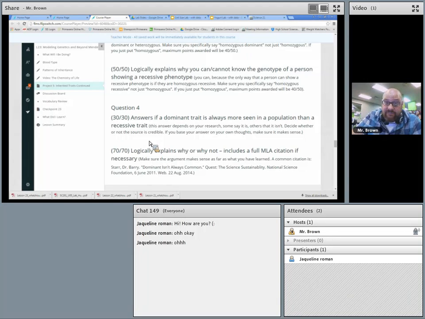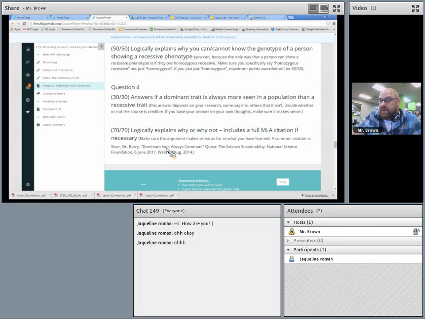But having 5 fingers is way more common, even though it's recessive. So here's a source you can use to explain why dominant isn't always common. You can use that website.